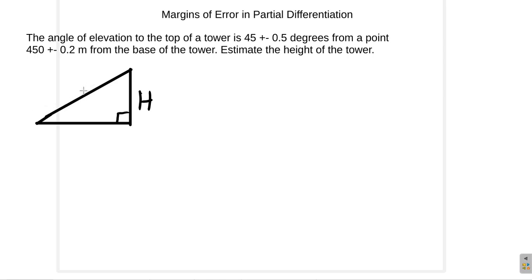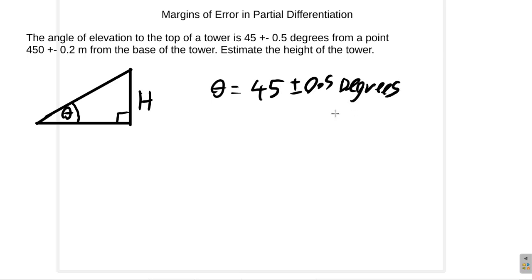They say the angle of elevation to the top of the tower, so this is theta. It's given as 45 plus or minus 0.5 degrees, but you're going to want to put it in radians. From the point, here is 450 plus or minus 0.2 meters. Call this x.